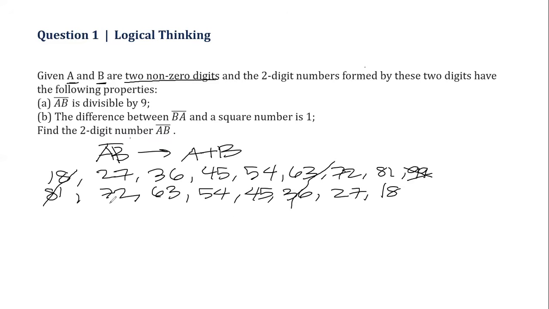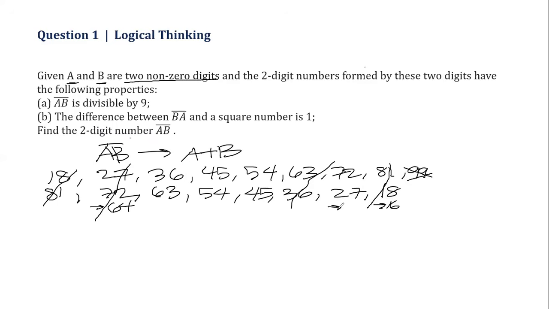So for 72, the nearest square number is 64. However, the difference isn't 1, so this is not the answer. For 18, the nearest square number is 16, and the difference is also not 1, so that is not our answer either.